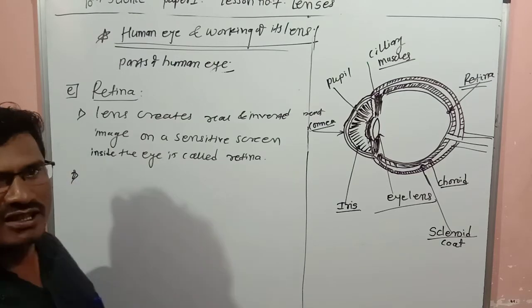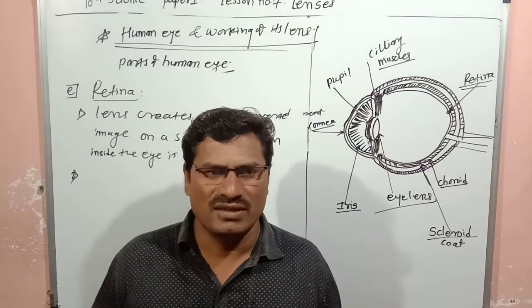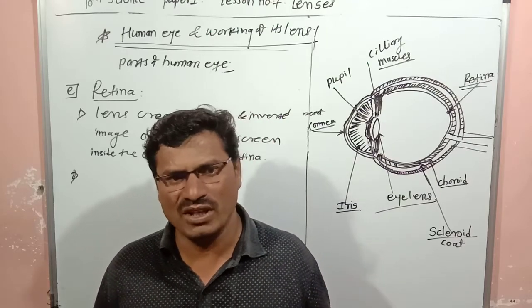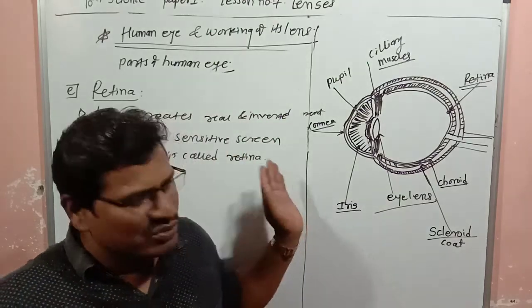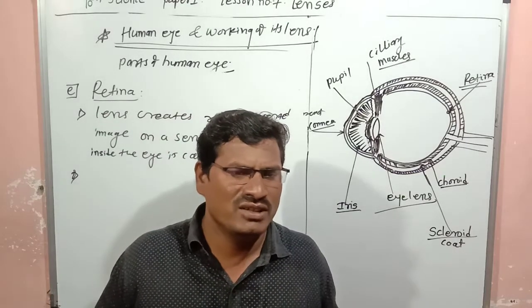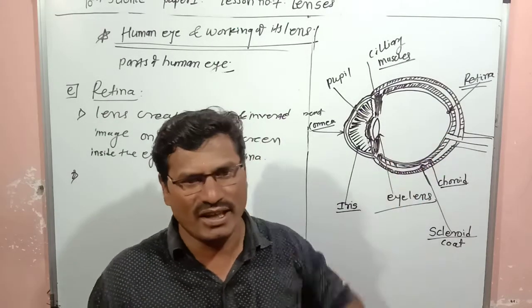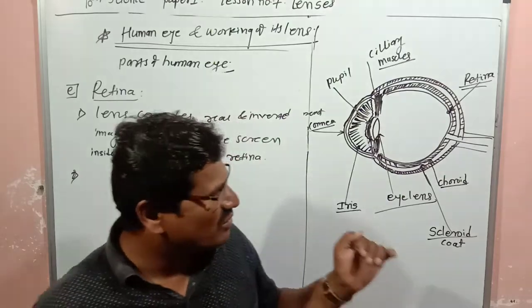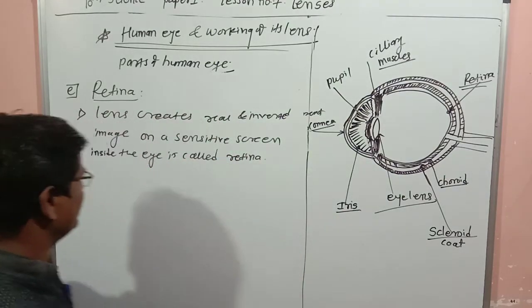Next, second point: this screen has sensitive cells that get excited. Sensitive cells are present on the retina, and when light falls on it, it generates electrical signals.